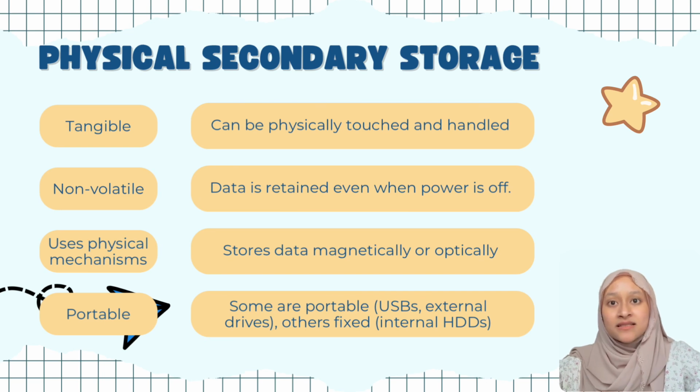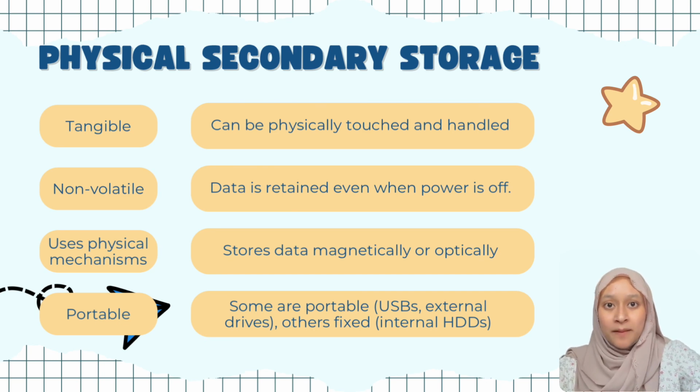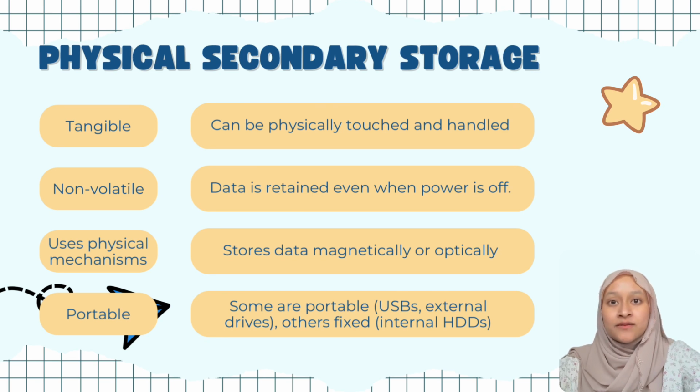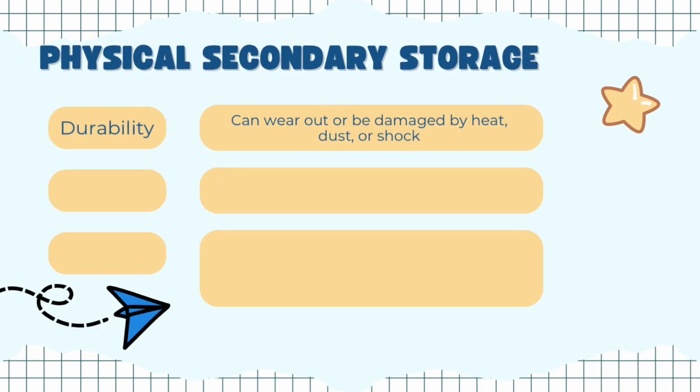This data is non-volatile, meaning it keeps the data even when the power is off. These devices work because they use a physical mechanism to store data, like magnetism for an HDD or optics for a CD. And some are portable, like flash drives, while others are fixed, like an internal hard drive.